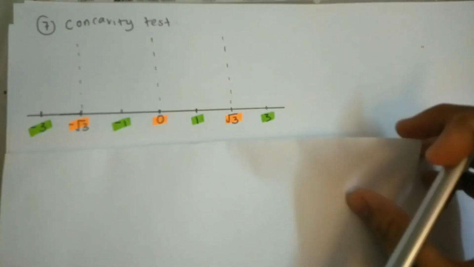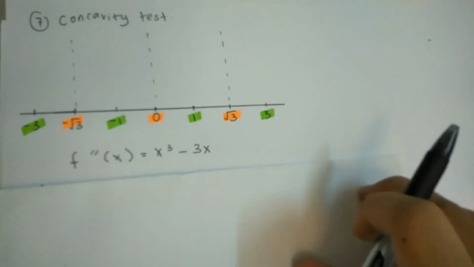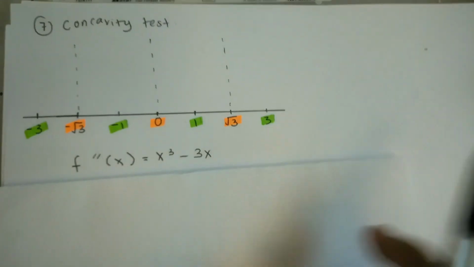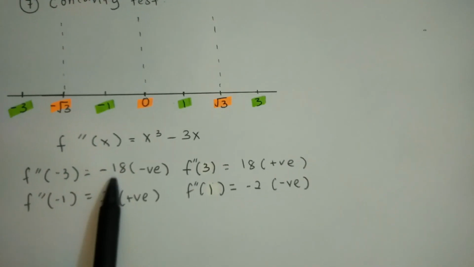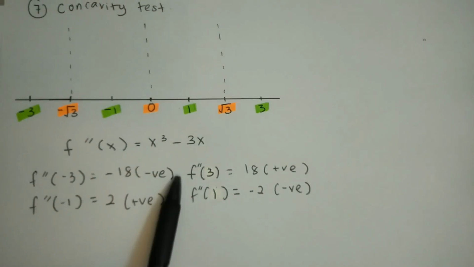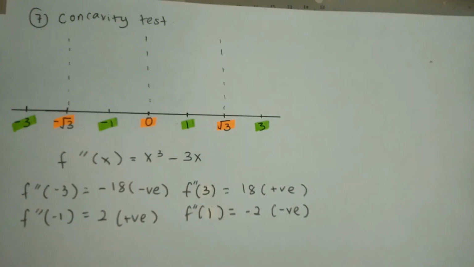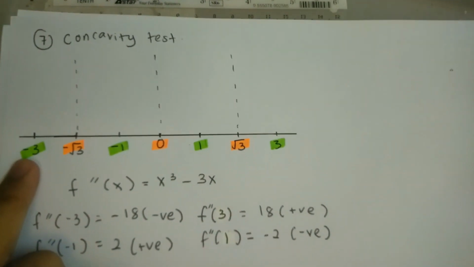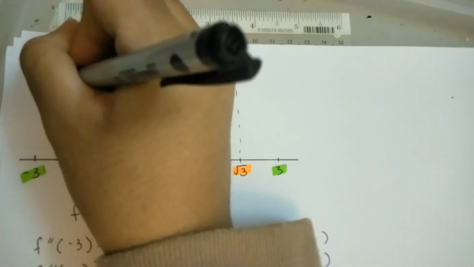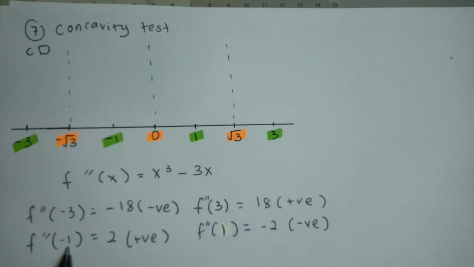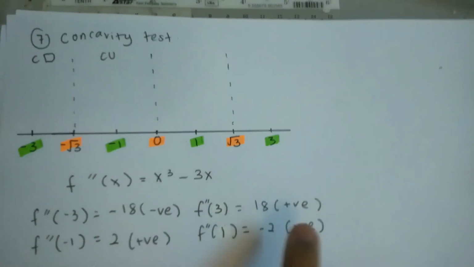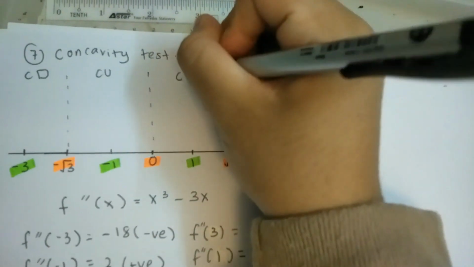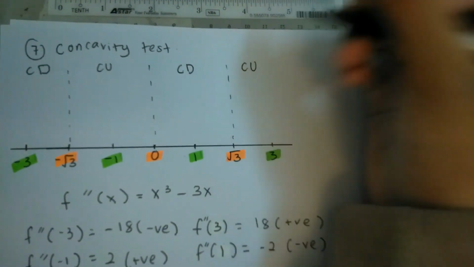So we insert the test point into this equation, and we get, when it's negative 3, negative 18, which is negative. When it's negative, we have concave downward. So here, this is concave downward. When negative 1 is inserted, we get positive, so it's concave upward, and this will repeat like this.